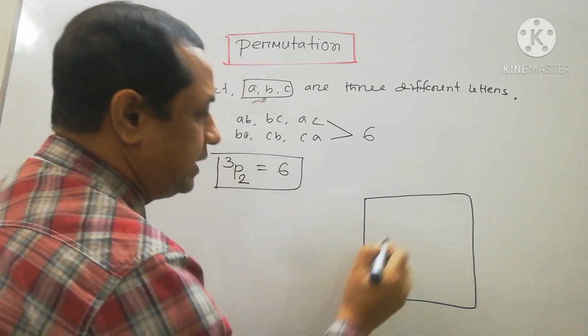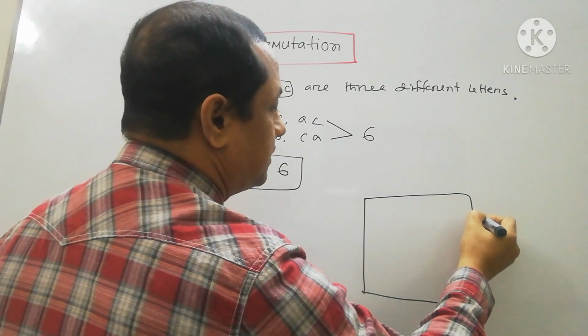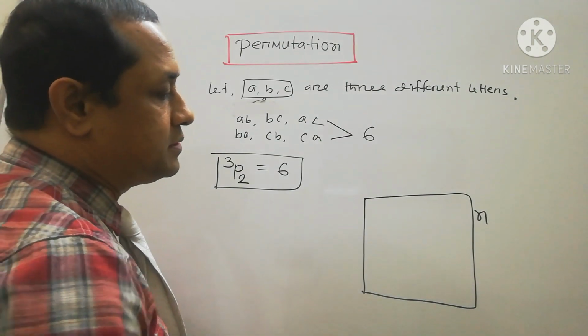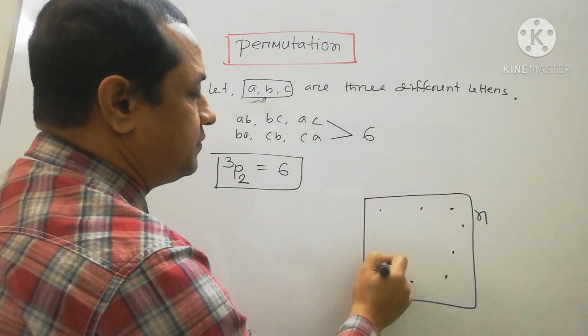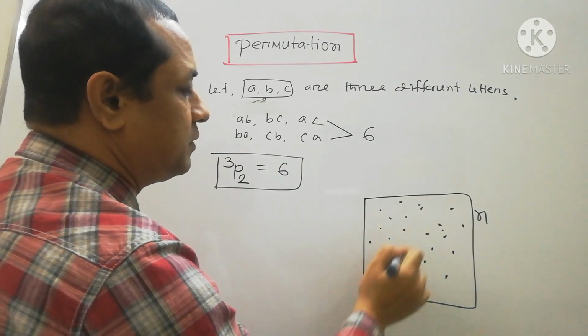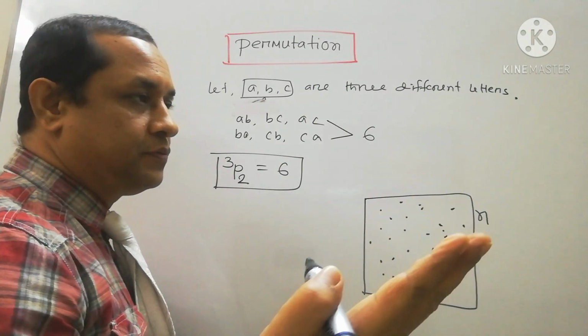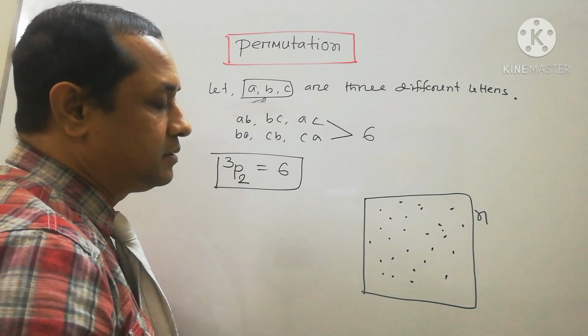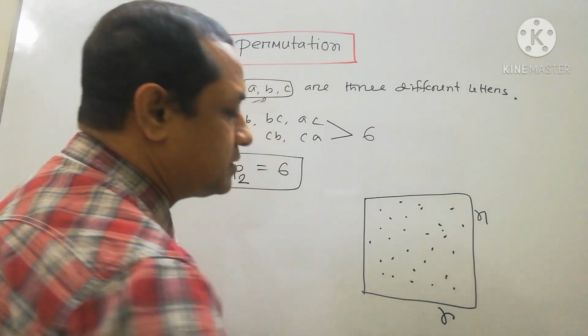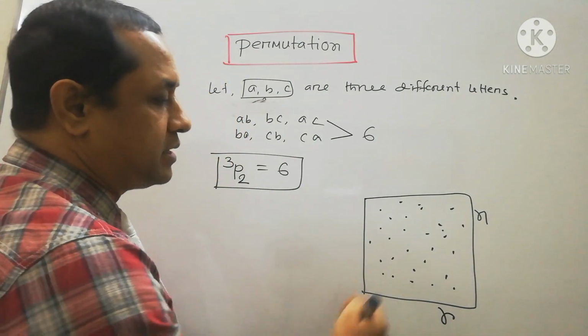There are n different balls in this box. Different balls means here number of black ball 1, number of white ball 1, number of yellow ball 1. So we take r different balls at a time.